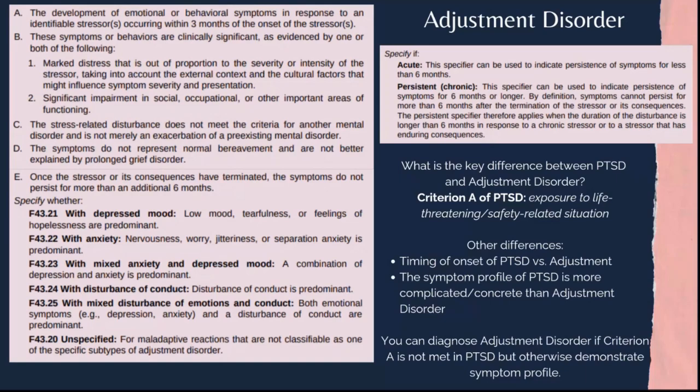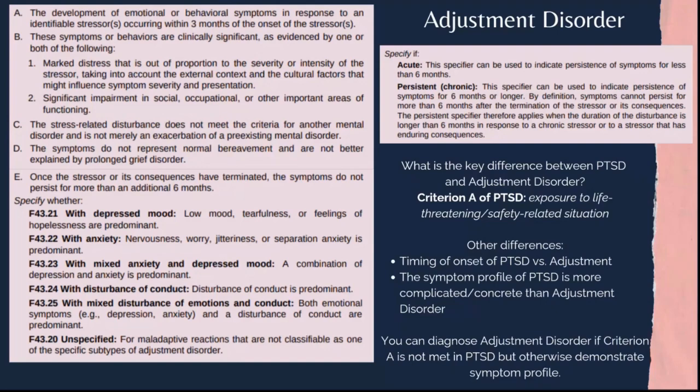In criterion E, what it says is once the stressor or its consequences have terminated, the symptoms do not persist for more than an additional 6 months. I know that this is confusing in comparison to the persistent chronic specifier, but by definition, symptoms can't persist for more than 6 months.